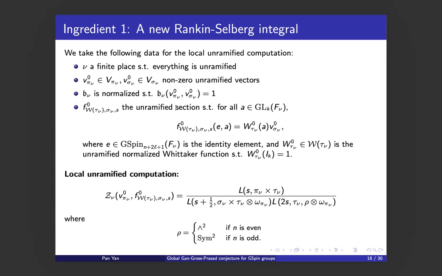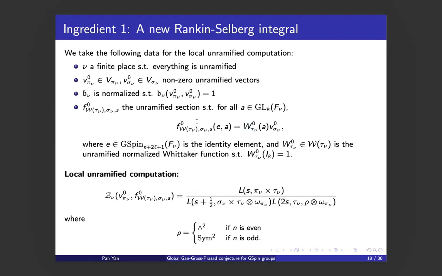The section is also unramified and normalized such that if we plug in the identity element in GSpin and an element a in GL_k(F nu), we get the Whittaker function evaluated at a times the unramified vector of sigma nu, where this Whittaker function is also normalized unramified such that its value at the identity matrix is equal to 1.